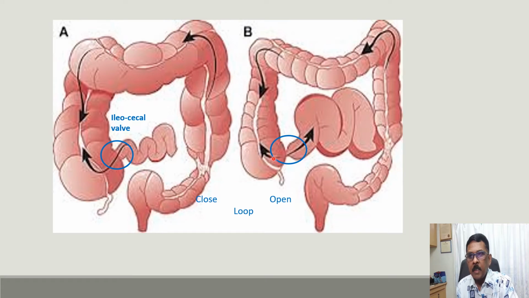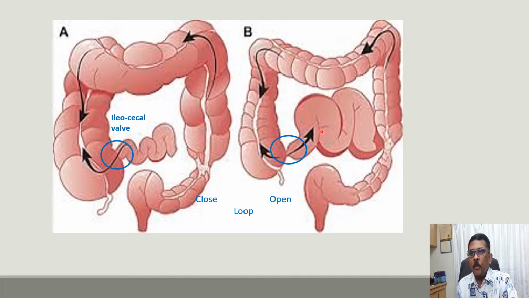That means it's leaking. As a result, the high pressure contents here make their way refluxing back into the small intestine, causing dilatation of the small intestine. So the small intestine acts as a buffer to absorb the pressure from the large intestine. So in these patients, there is less risk of strangulation, gangrene and perforation of the large intestine.